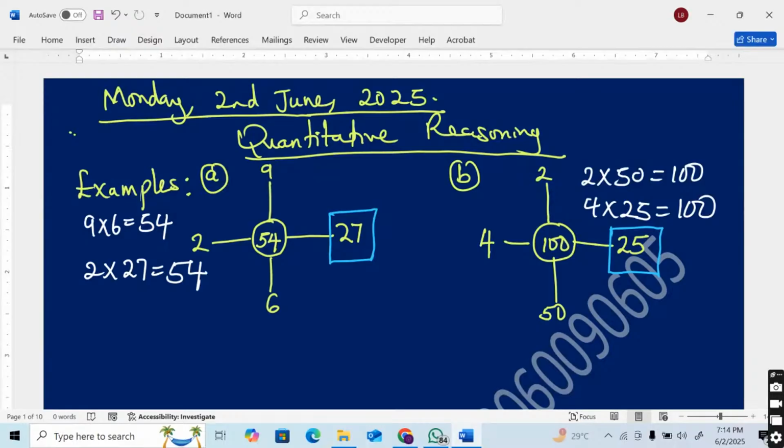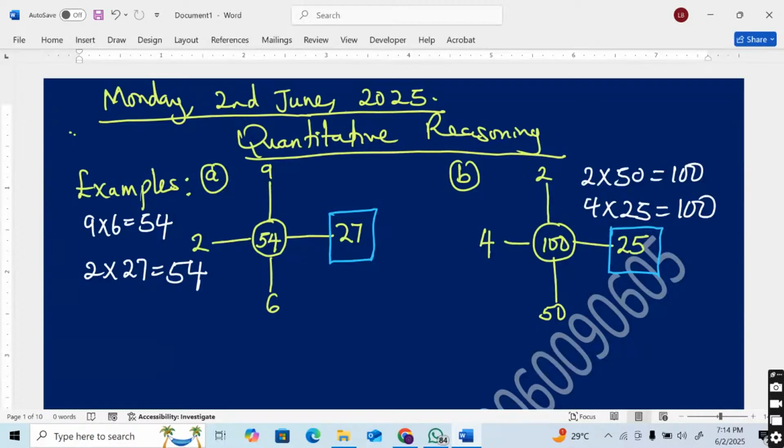Okay, now listen attentively, everyone. When we were getting 54, we multiplied 2 by 27 to give us 54. If you want to get 27, you have to do the opposite. The opposite of multiplication is division.